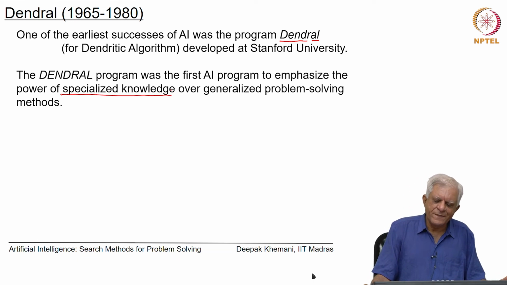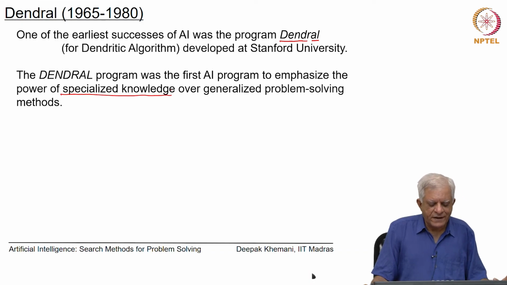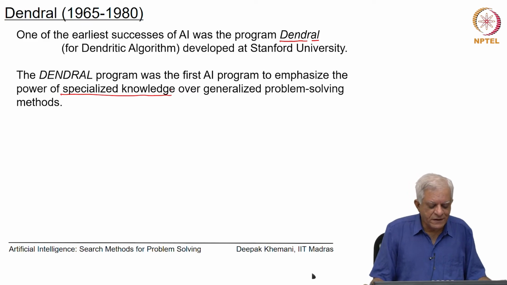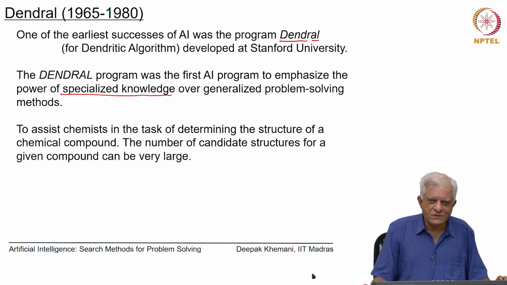So, the idea was that you talk to the experts, and there used to be protocols for extracting knowledge, and you extract that knowledge and put it in the form of some standardized representation, typically rules. We will look at rule based systems a little bit later, and then use some general purpose algorithms to work with that knowledge essentially. So, that was the notion of specialized knowledge.